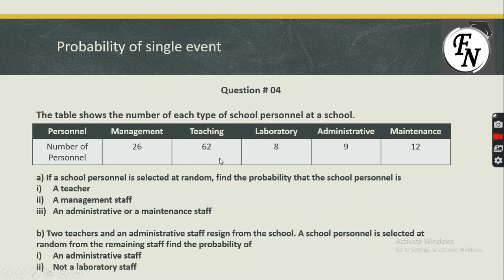So this is a school having this number of people as staff members. We need to obtain the probability of getting a teacher, so I need to pick any one person out of the total. We need to obtain a teacher, or management staff, or admin, and this is case B, which I will discuss a bit later.